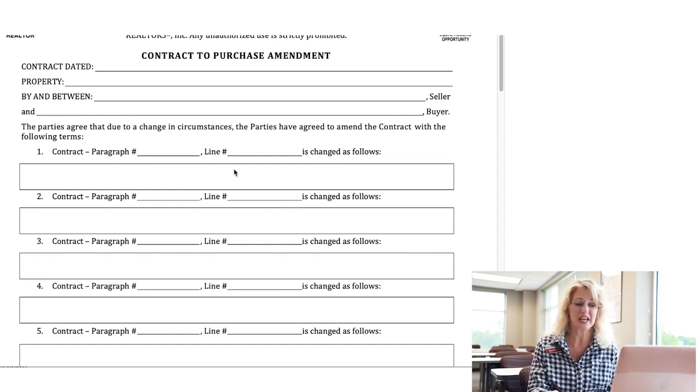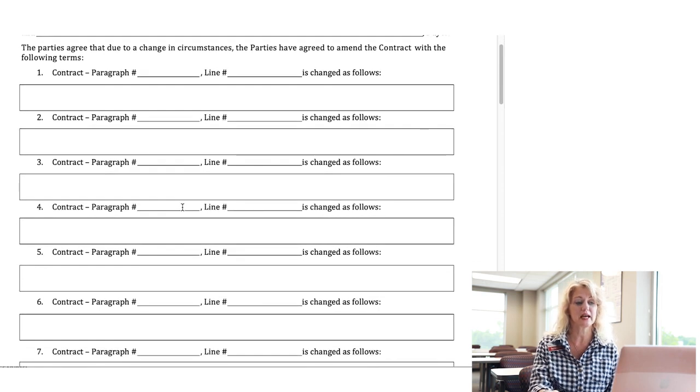If that's the only change, then you would come down to number 2 and put N/A, or dashes and X's, just to confirm that number 1 is the only change, and then you would go down and have the buyers and sellers sign to agree.